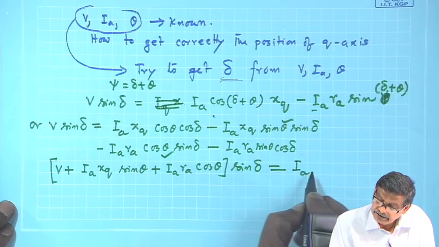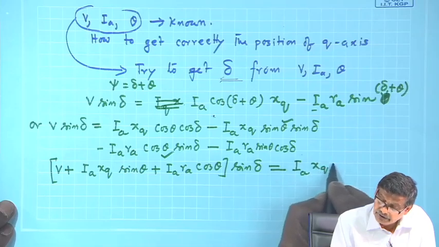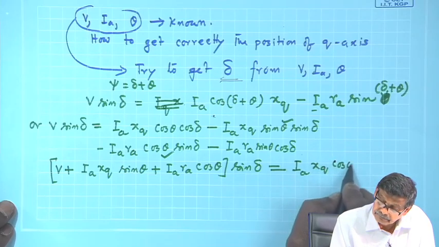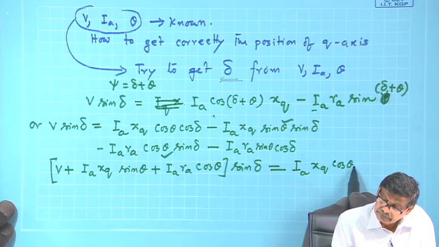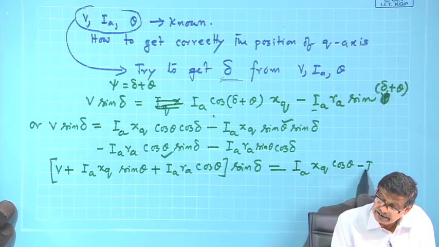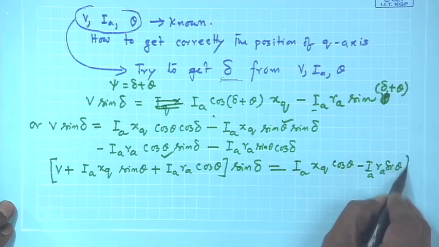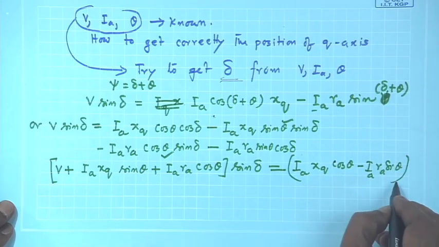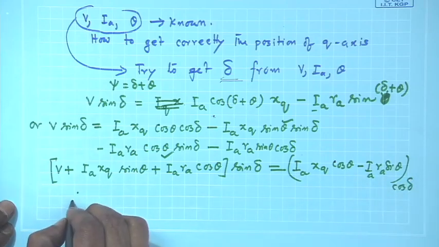So, I A x q cos theta minus I A R A sin theta, and whole into cos delta.